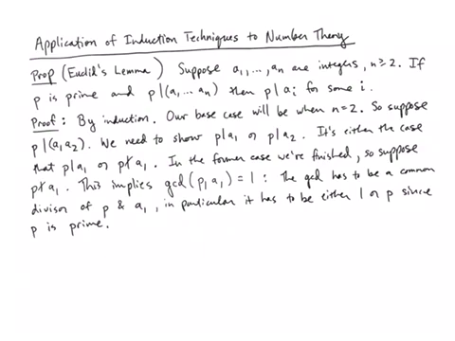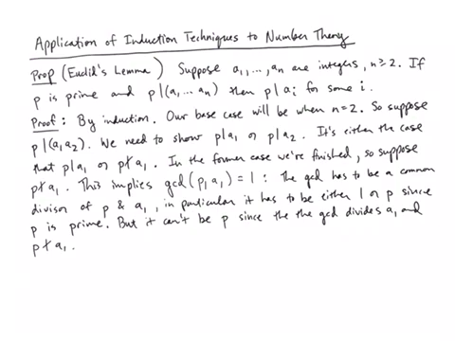But it can't be p because the GCD, being a common divisor, has to also divide a1, and we just said that p does not divide a1. So it has to be either 1 or p since p is prime, but it can't be p since the GCD divides a1 and p does not divide a1.